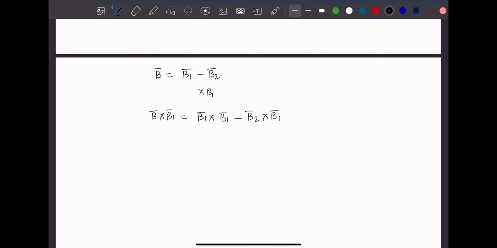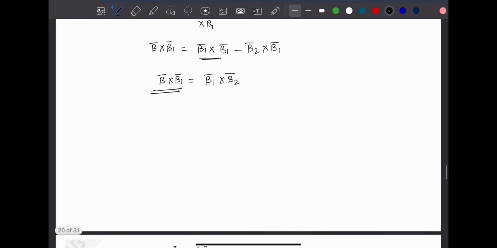Okay, this first term is obviously 0, so beta vector cross beta 1 vector is equal to plus beta 1 cross beta 2. So our target is what? We have to find beta cross beta 1.